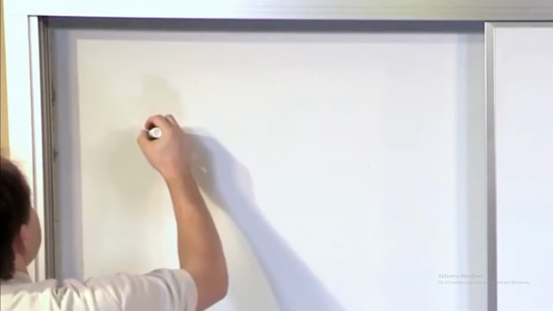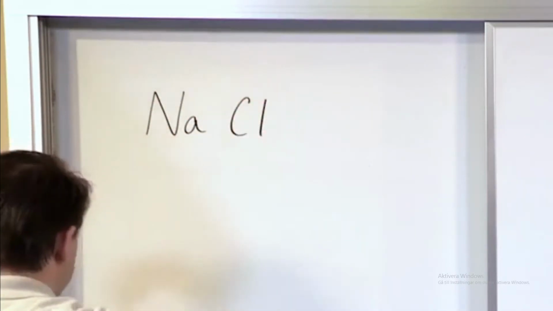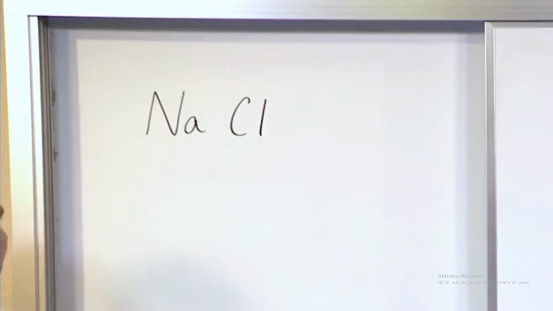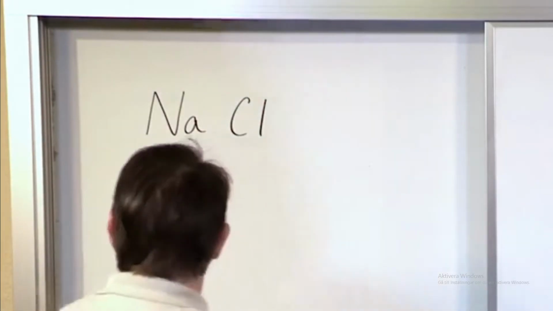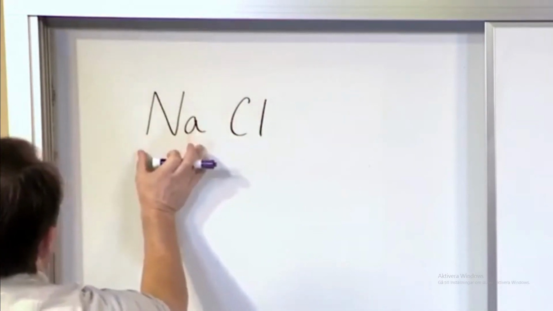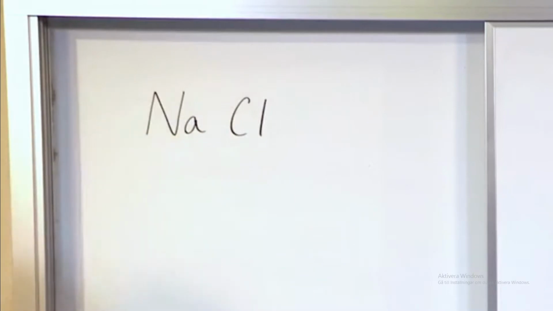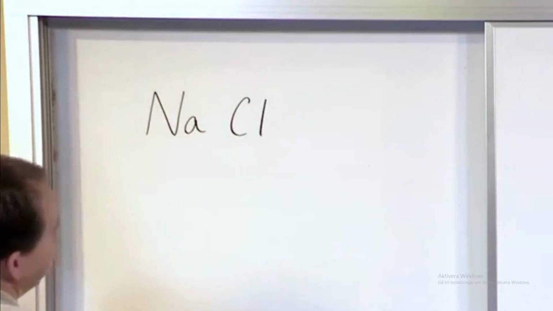So let's take something simple. Let's look at something that I know you've seen. So sodium chloride, sodium and chlorine, okay? One atom of each, an ionic compound. Looking at the periodic table, what do you think the charges on these two would be? Well, if you look at chlorine, it is in the column right next to the noble gases.